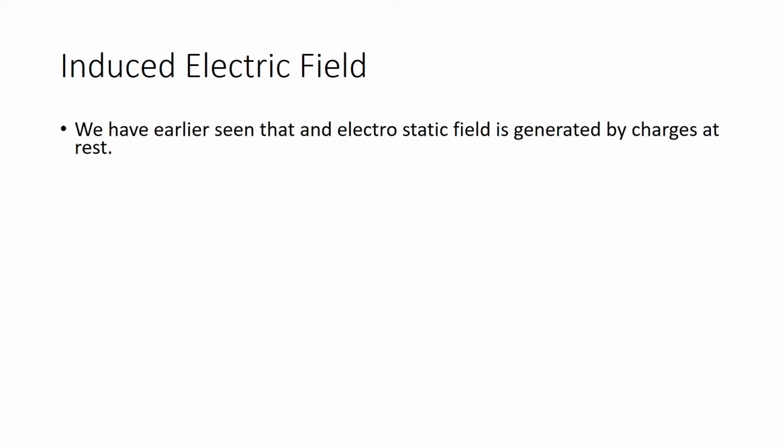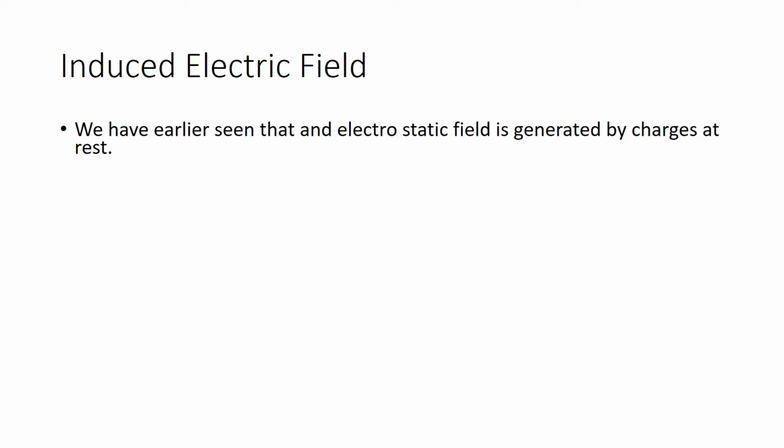Now, let us discuss whether there is any electric field induced because of this. We have already seen that a magnetic field is induced, which opposes the original flux linkage. Now we will see how it creates an electric field, because we have already seen that an electrostatic field is generated by charges at rest. In electrostatics, charges at rest create a static electric field.